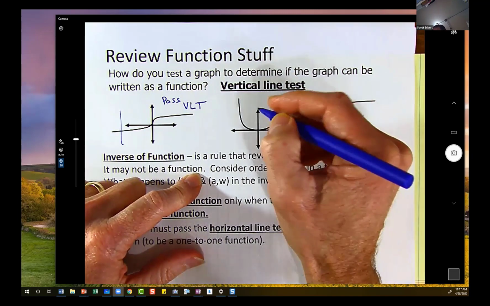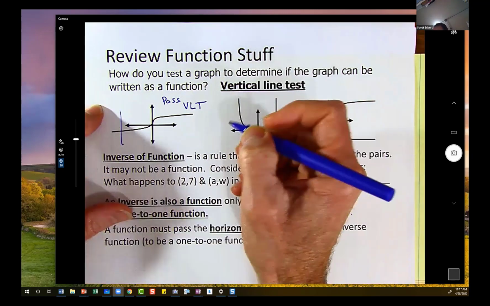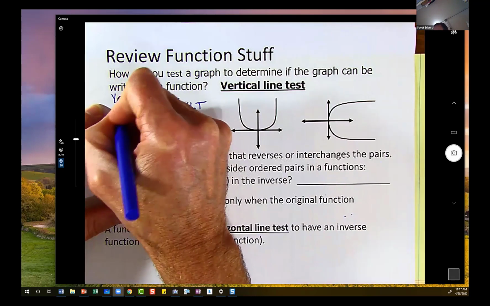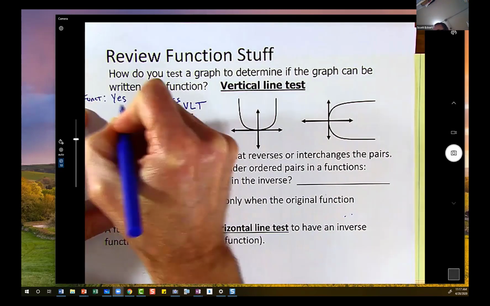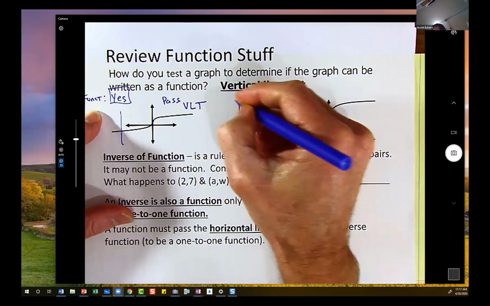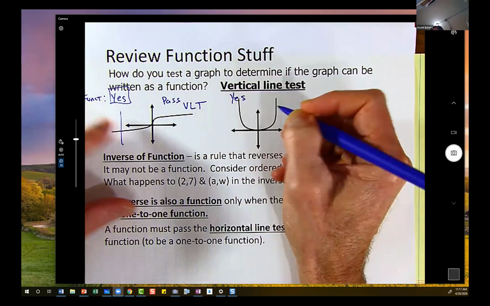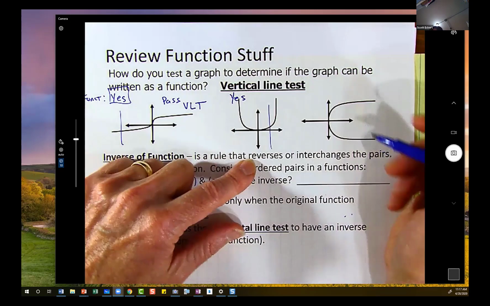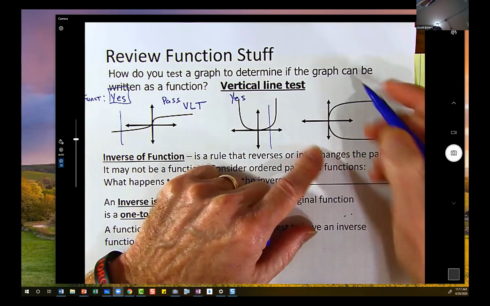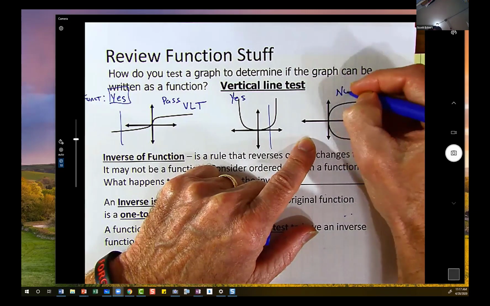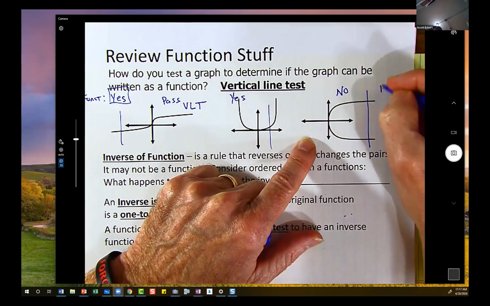This one is a function too, yes. It also passes the vertical line test. Is this last one over here a function? Nope, vertical line test, it fails.